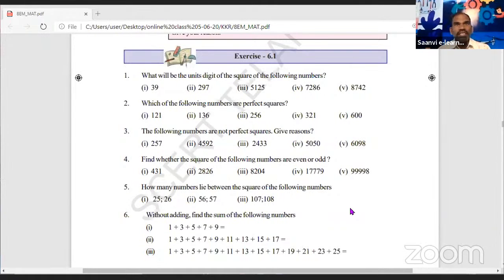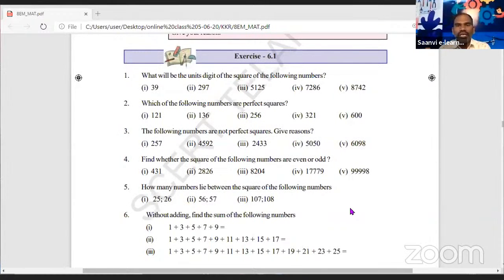287. What is the unit place? 7. 7 square is 49. So the unit place of 287 square is equal to 9. 5125 whole square. The unit place is 5. 5 square is equal to 25.